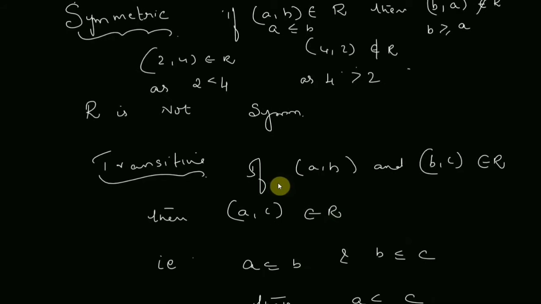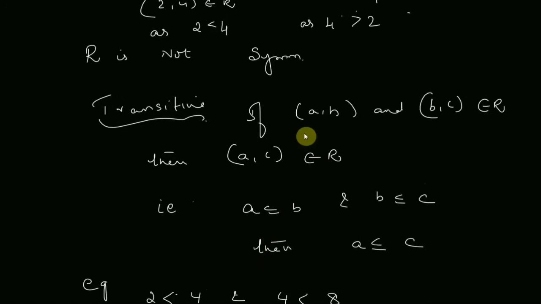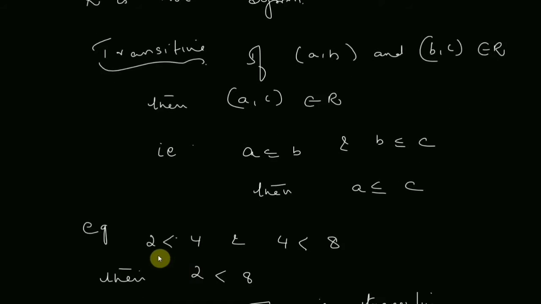Is it transitive? We have to prove if (a, b) and (b, c) belong to R, then (a, c) belongs to R. That is, if a is less than or equal to b and b is less than or equal to c, then a is less than or equal to c. That is true. For example, if 2 is less than 4 and 4 is less than 8, then 2 will be less than 8.